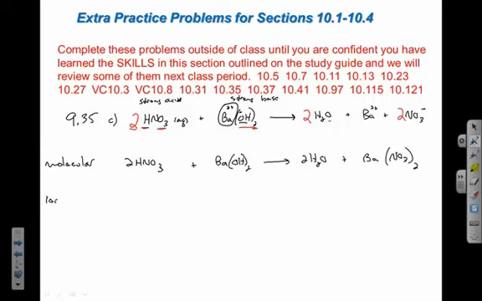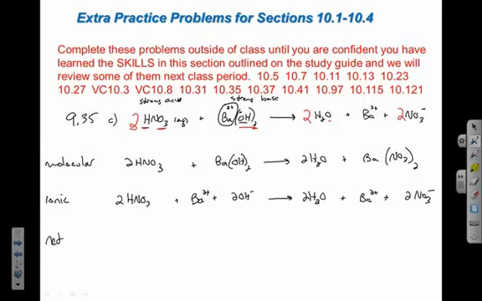The ionic equation would show all the ions separated. So here I have a molecular substance, it's not going to be separated. Here I have ions, so I want to show them separated. Water is not going to break up, it's not ionic. Here the barium and the two NO3s would be separated.